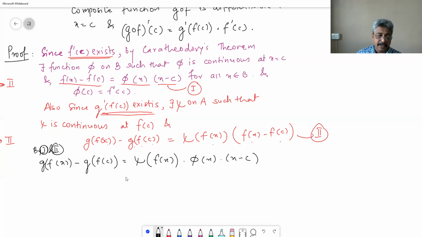Is that correct? Phi of x into x minus c. So correct, it is going fine.